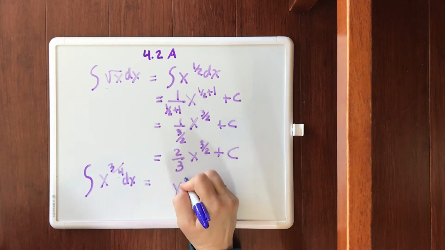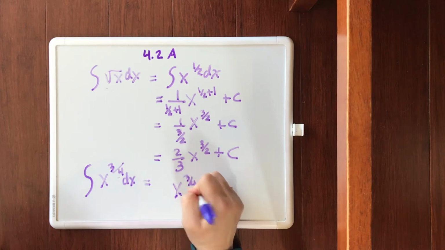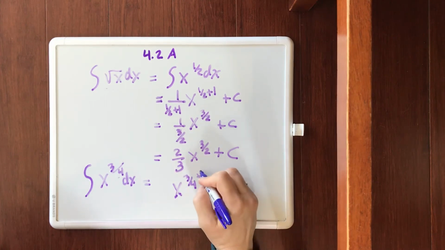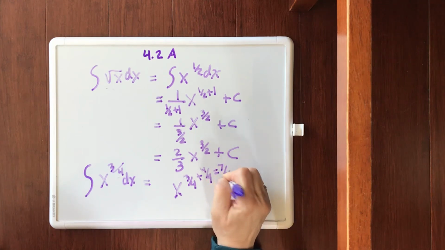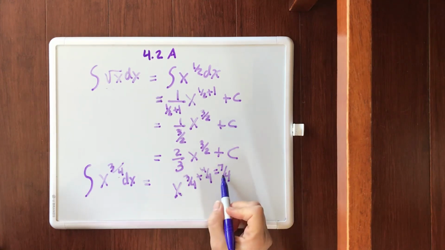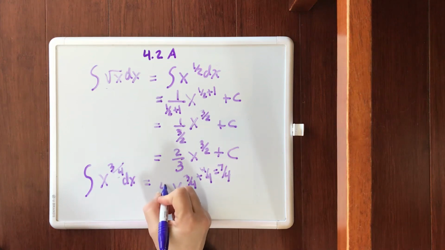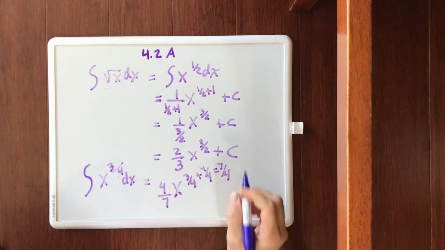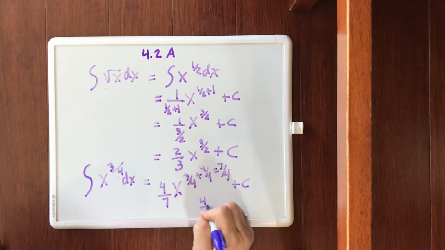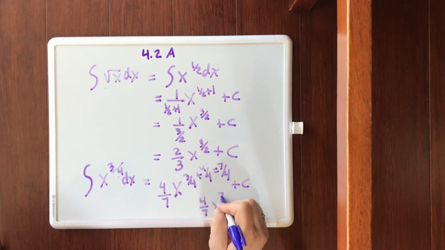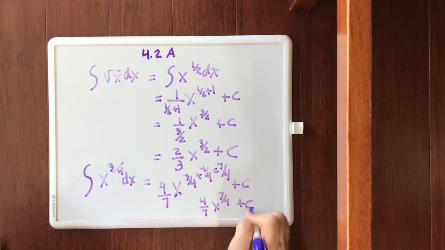So 3/4 plus 1, I'm going to change the 1 to 4/4, which is 7/4. So now that I know this is 7/4, I know this is going to be the reciprocal, 4/7 plus c. So our answer is going to be 4/7 x to the 7/4 plus c.